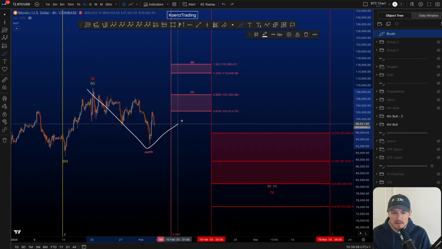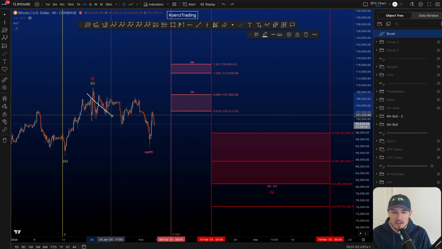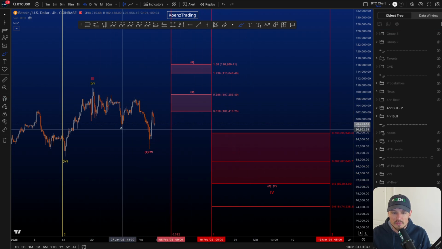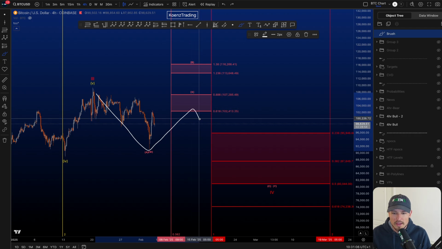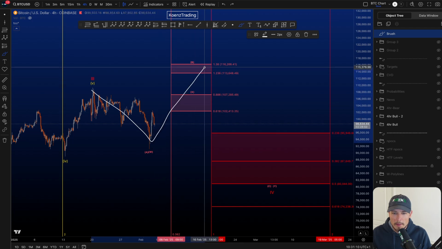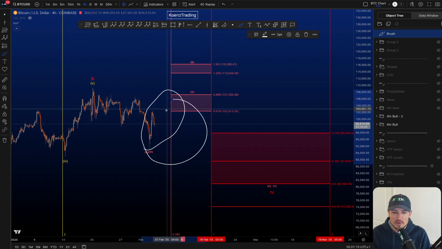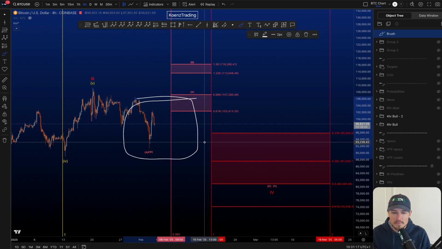Now, these are 3-wave corrective structures, either a WXY sideways structure, WXY or sharp, WX and then Y, or a flat, A, B, C. What we get very much depends on what's happening over here.